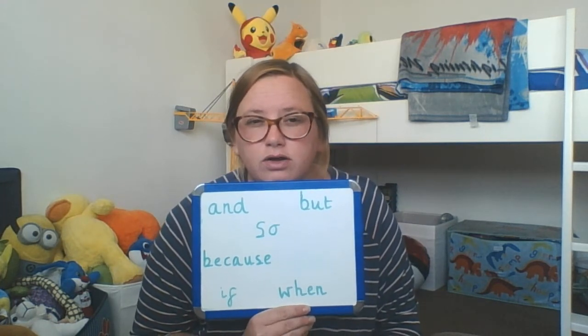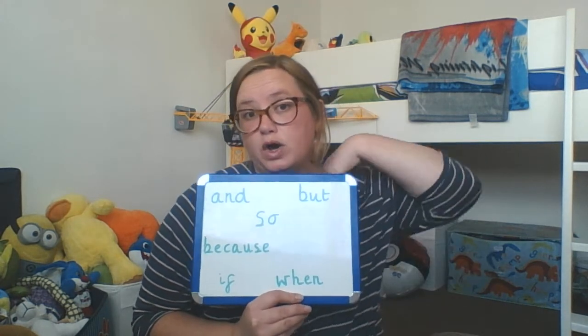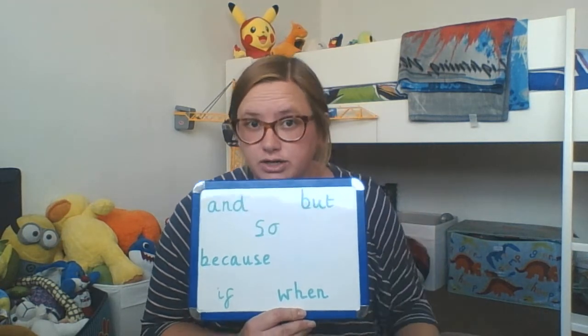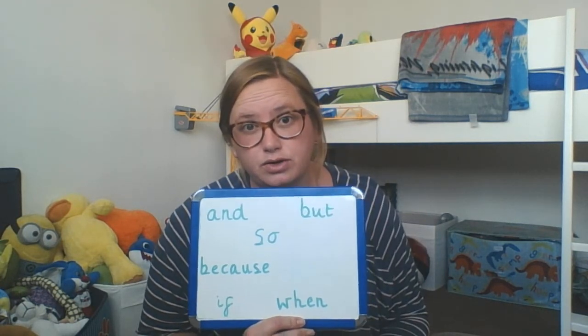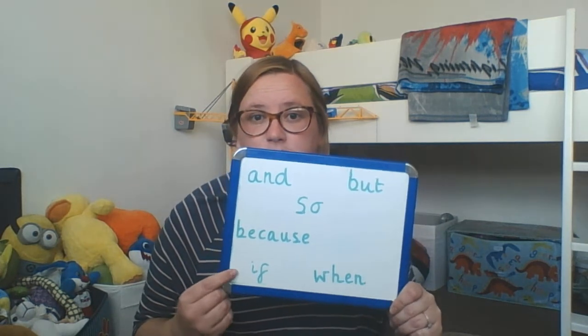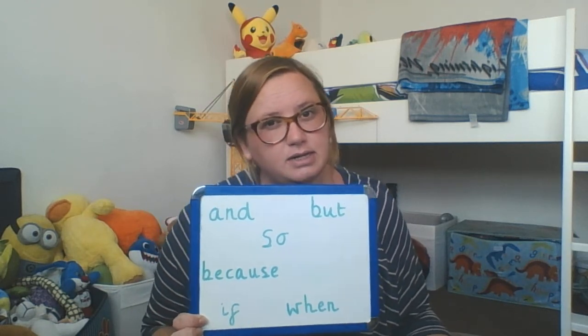So in order to do this, I thought, let me give the children a few examples of how they can use the conjunctions in a sentence, because you can have the same sentence starter and then use one of these words and then finish off the sentence to change the meaning of the sentence.